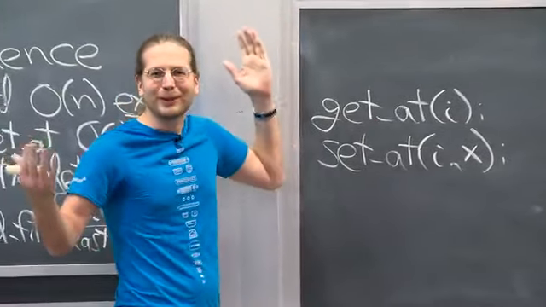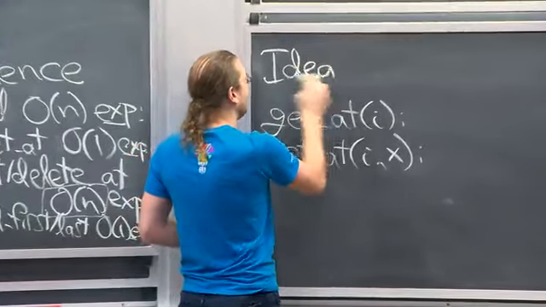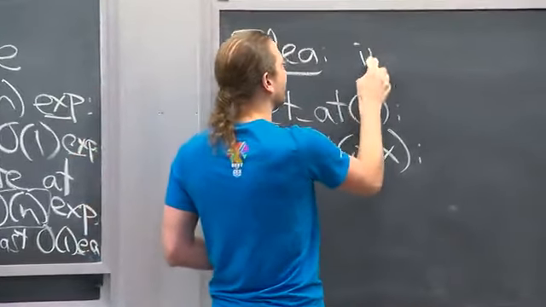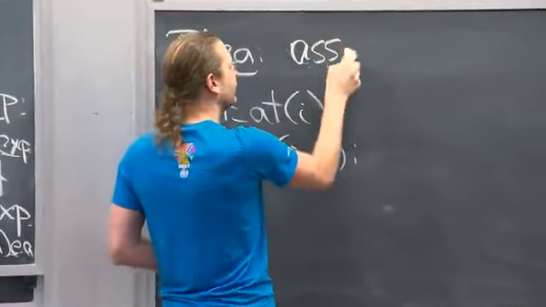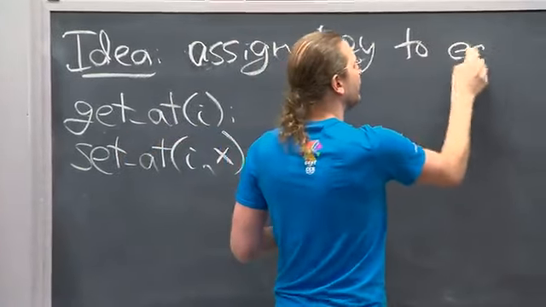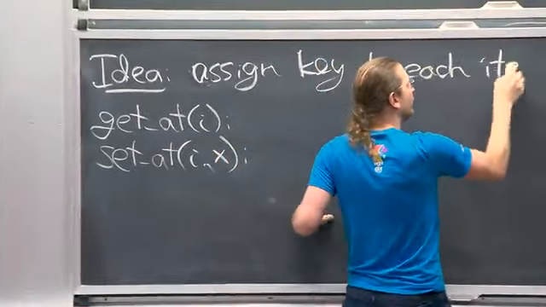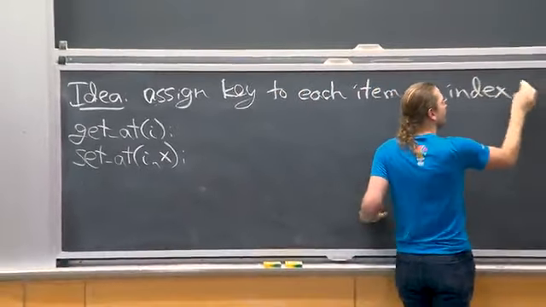So let's make the indices keys. Okay, so this is idea number one: assign a key to each item equal to the index in the sequence.